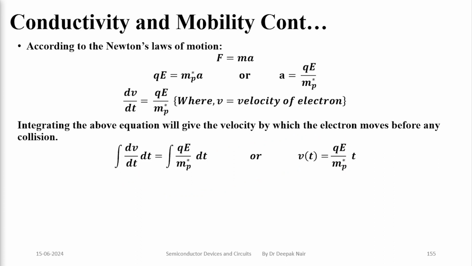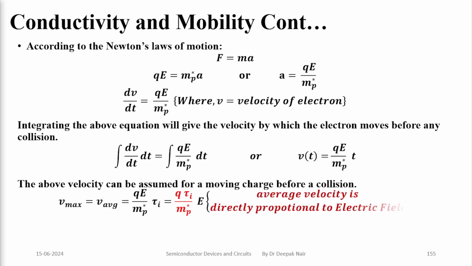And this is the average velocity of electrons before any collision. So the above velocity can be assumed for a moving charge before collision.